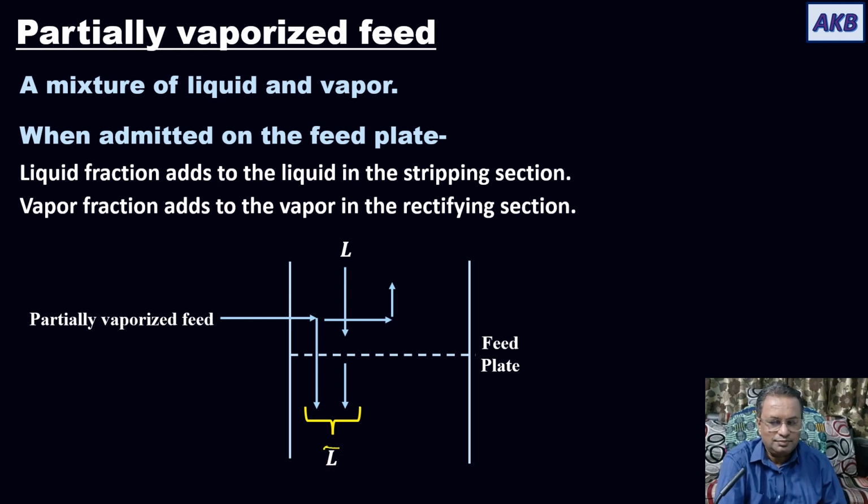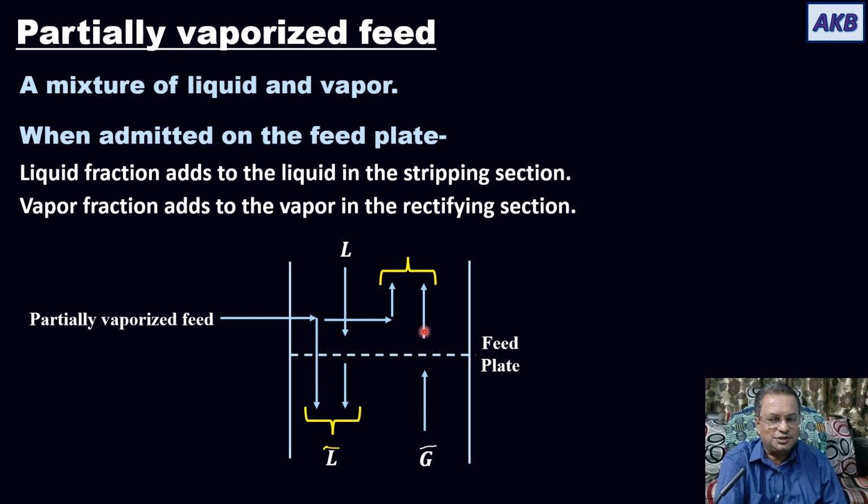Whereas in case of vapor, it will be coming from the stripping section to the feed plate, then rising from the feed plate. To this vapor, the vapor portion of the feed is getting added, so that the net vapor flow in the rectifying section will be the addition of this vapor fraction of the feed and the vapor coming from the stripping section.